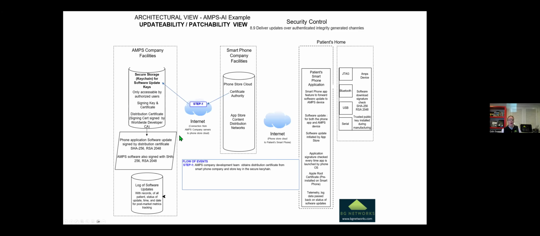In this storage, it has that distribution certificate that's used to sign the app code so that it can be validated as being authentic and having integrity. And we're using SHA-256 and RSA. This is actually for the AMPS device that we're going to use for the distribution here, and actually also for the phone app itself.